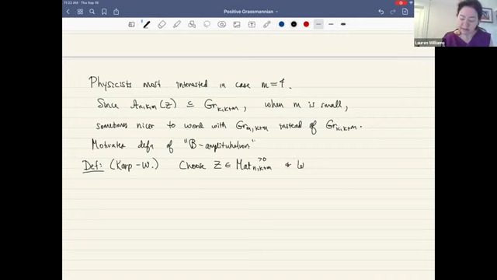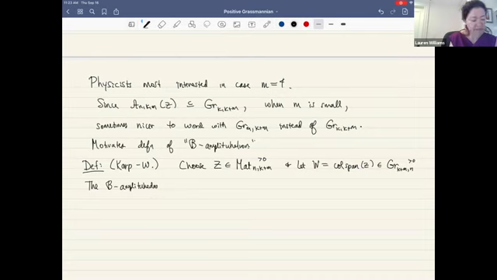And let's let W be the column span of Z. So this is going to be an element of the Grassmannian of k plus m planes in n space. Okay, and now the B amplituhedron is the following object, B_{n,k,m}(Z).